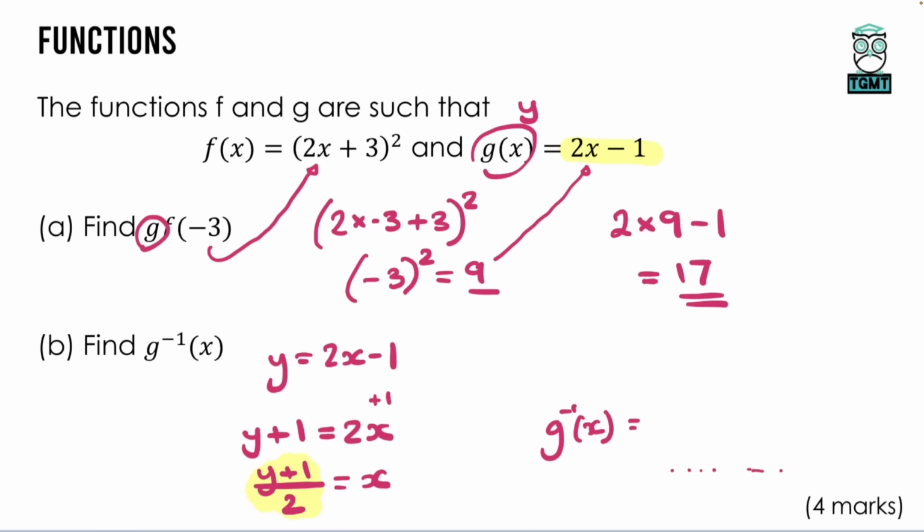So we just replace the y back with the x, and we get (x plus 1) over 2, and that is the inverse function. Essentially, that is what does the reverse of timesing by 2 and taking away 1. The reverse of that is adding 1 and dividing by 2. And there we go, that is an inverse function. As I said, lots of different types of functions. I'll link the videos in the description though, so that you can check more of those out.